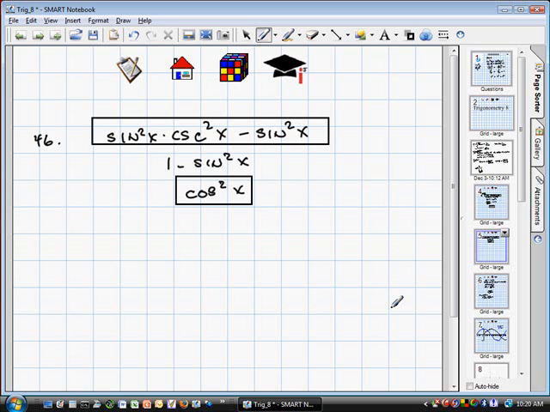Okay, now let me explain what I did here. The original expression is sine squared times cosecant squared, I'm sorry, not equals, but minus sine squared x. Since sine and cosecant are reciprocals of each other, what happens when I multiply sine squared times cosecant squared? Since they're reciprocals, shouldn't I get 1?